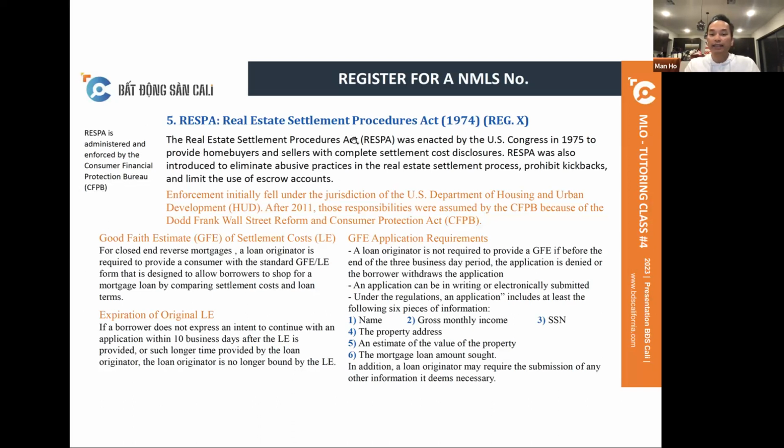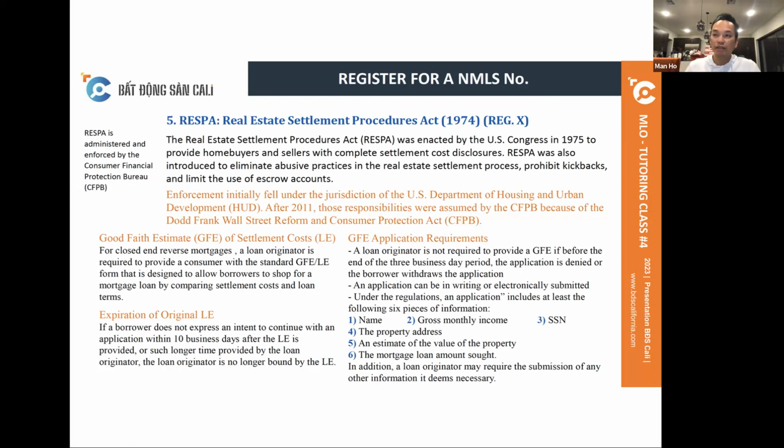RESPA was enacted by the U.S. Congress back in 1975 to provide home buyers and sellers with complete settlement cost disclosures. So back in 1975, they used what? Good faith estimate. But I think maybe around 2010, when they amended the Truth in Lending Act, they changed it to loan estimate.